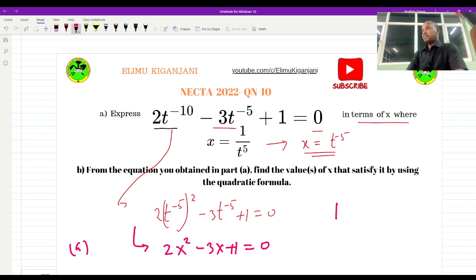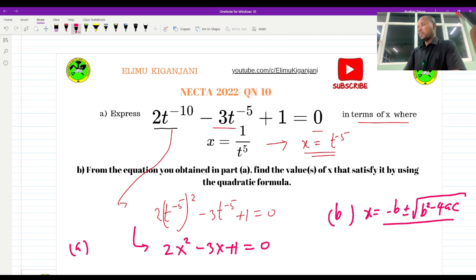And for B, from the equation you obtained in part A above, find the values of x that satisfy it by using the quadratic formula. So the quadratic formula, if you remember, is x equals to minus b plus or minus square root of b squared minus 4ac, over 2a.